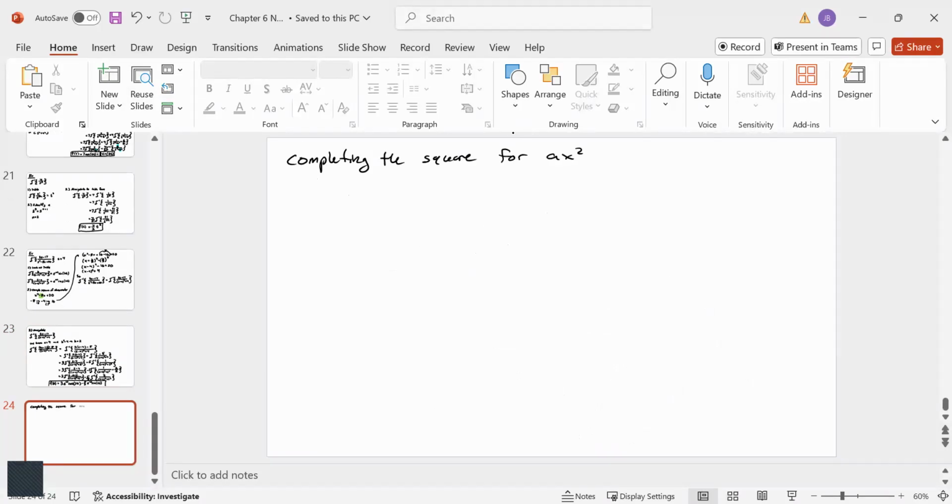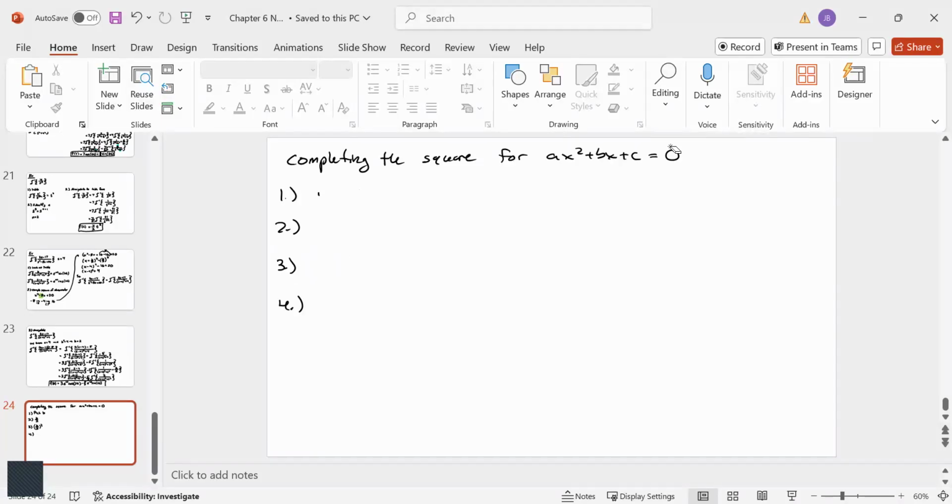for ax squared plus bx plus c equal to 0. We'll just put a 0 there. It's going to factor. So step 1 is pick b. Step 2, b over 2. Step 3, b over 2 squared. Step 4, oh yeah, sorry. There's one extra step.